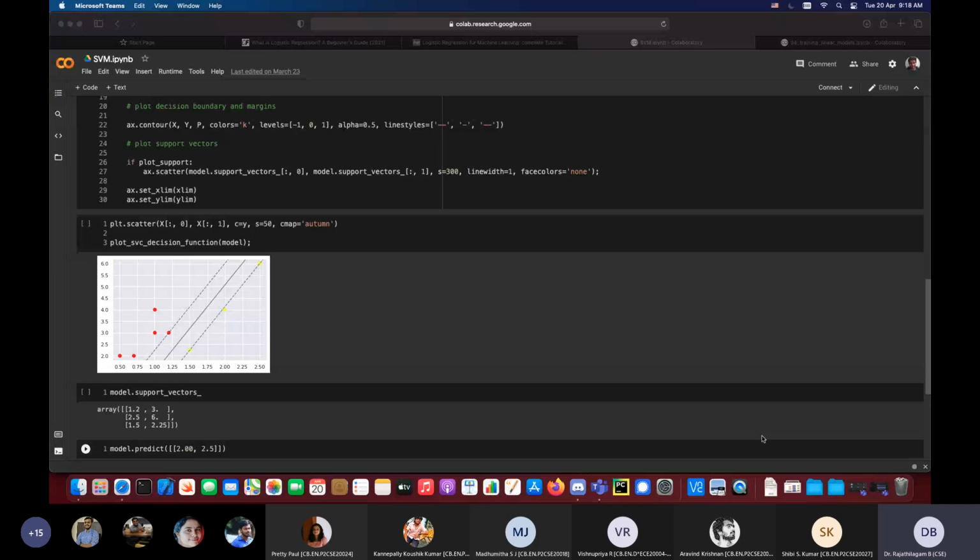So nonlinear SVM is about choosing a specific function that will help us model these margins. You call that a kernel function. Now that kernel function will be a higher dimensional kernel function.